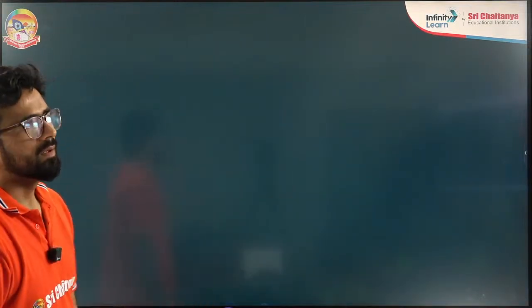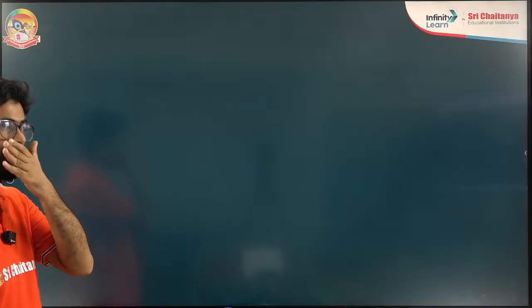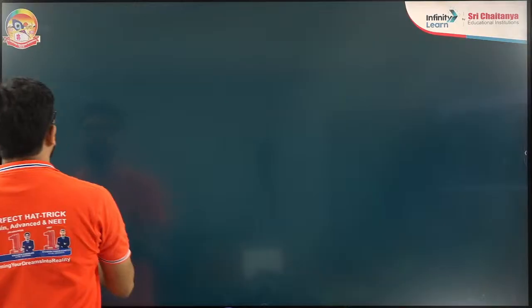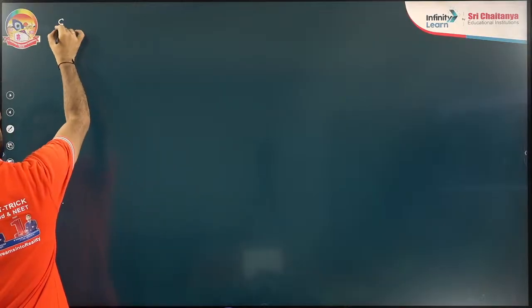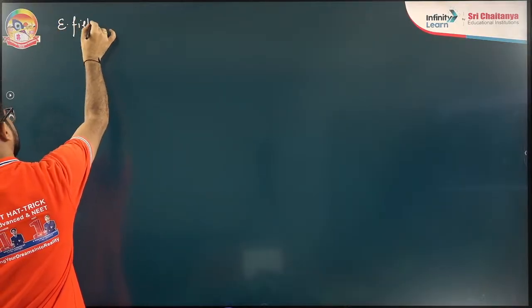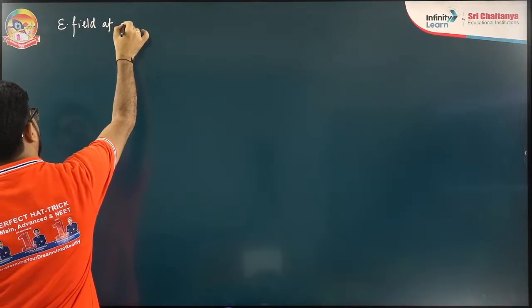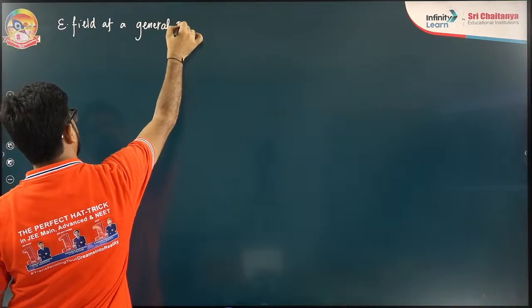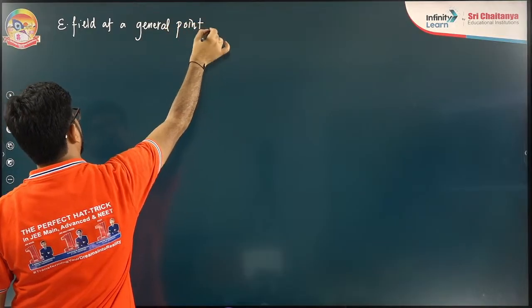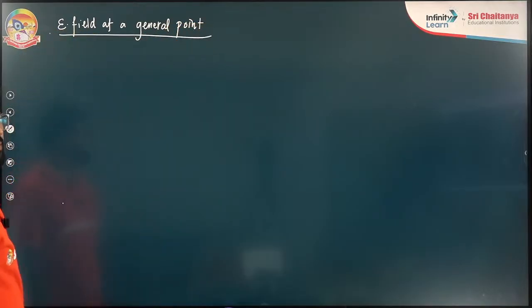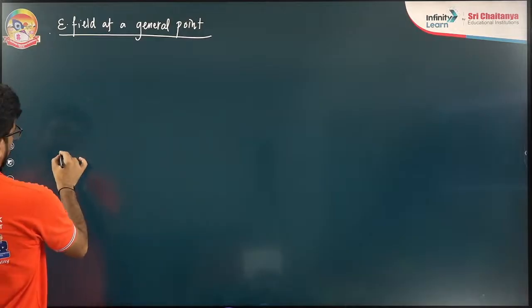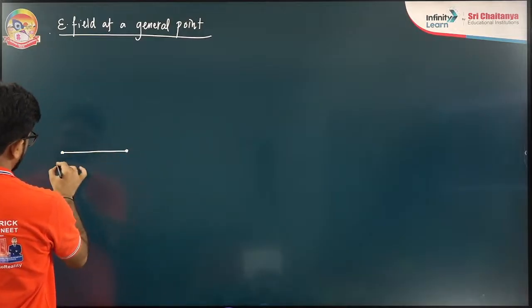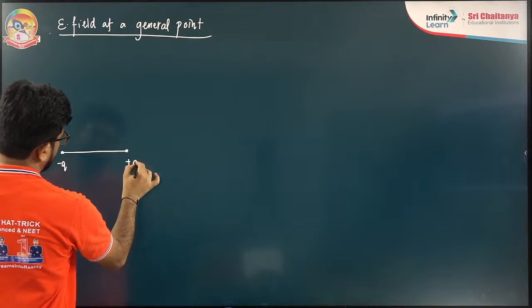Okay. Now we are going to solve at a general point. Any general point I am taking. This is the dipole. The electric field at a general point is what I am talking about. This is the minus q charge and this is the plus q charge.